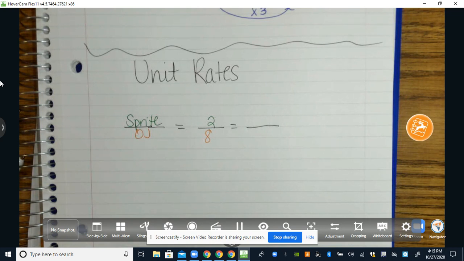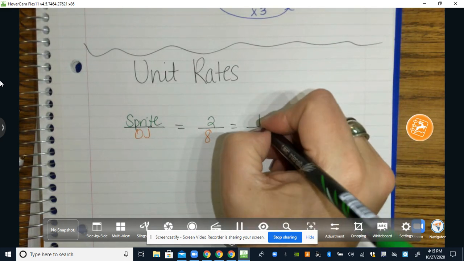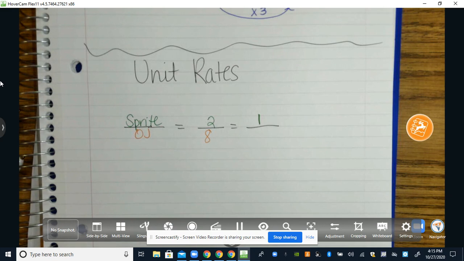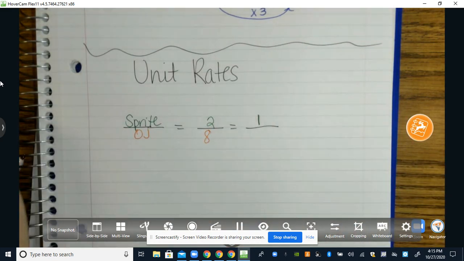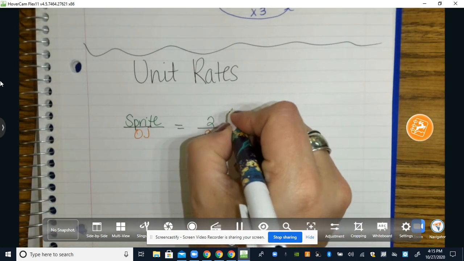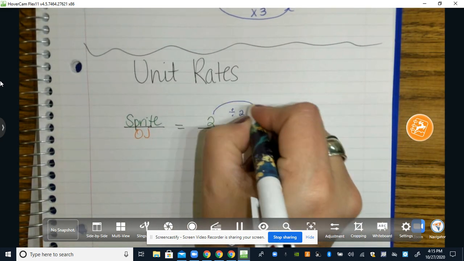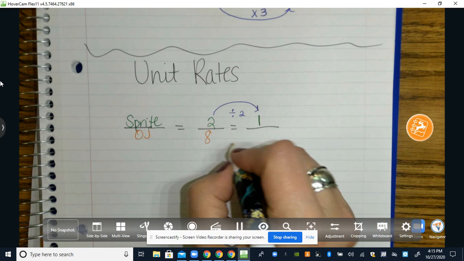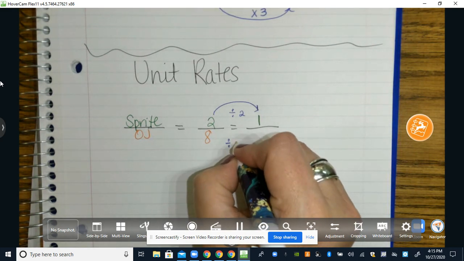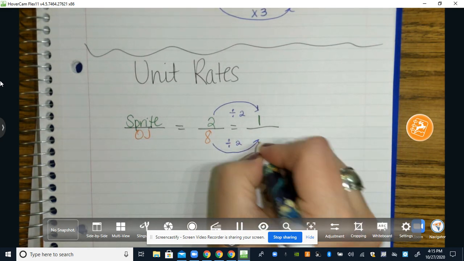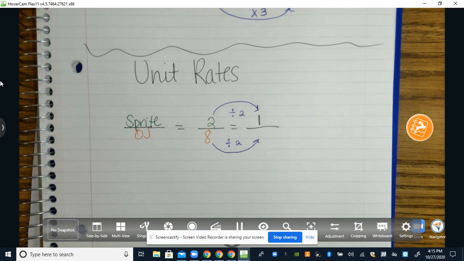Now, again, unit rates go to 1. So if I have 1 Sprite, how much orange juice will I have? Well, I could sit here and go, oh, I'm going to divide this by 2 to get to 1. And I could divide this by 2 to get to 4.